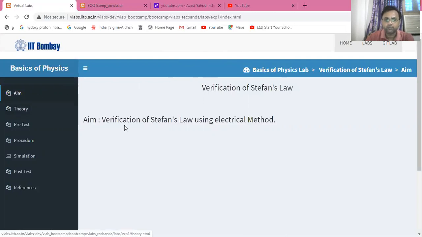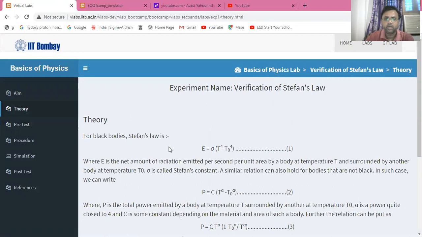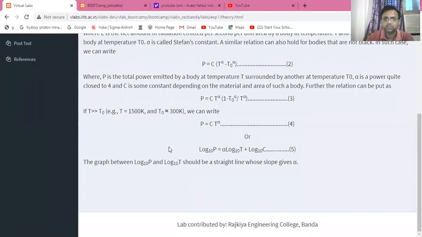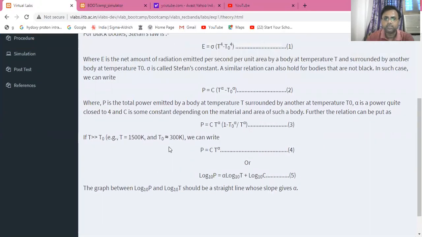Aim is the verification of Stephen's law using electrical method. Then comes the theory. The theory describes what Stephen's law is and how it works.